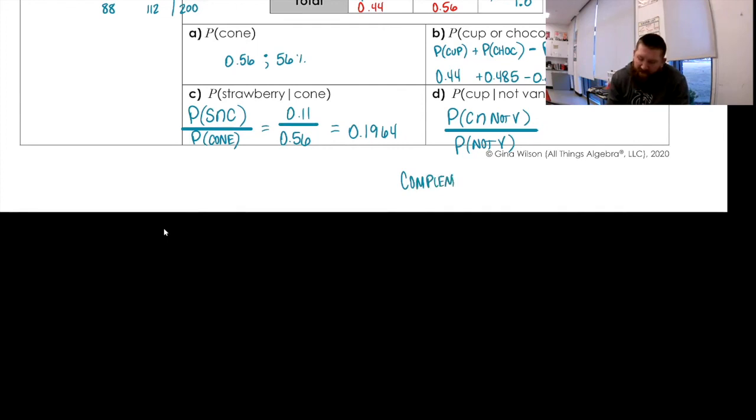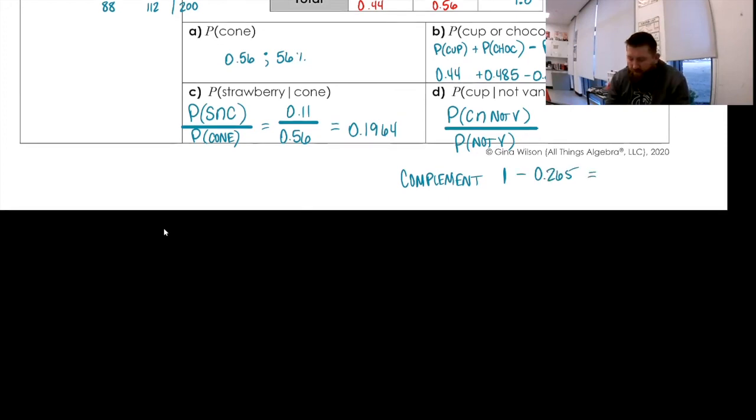To get the complement, the not, we're going to go 1, which is the total probability, minus the probability that it does happen. So the probability that somebody got vanilla was 0.265. So 1 minus that would be 0.735.